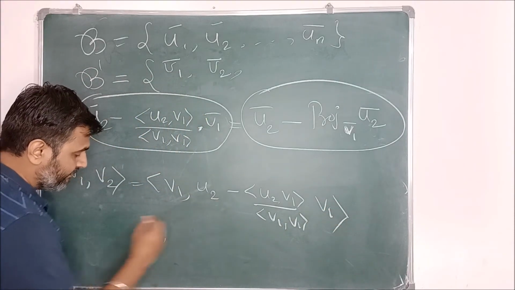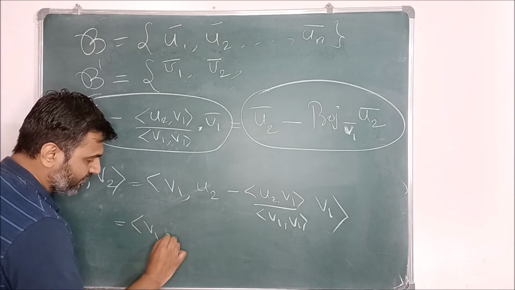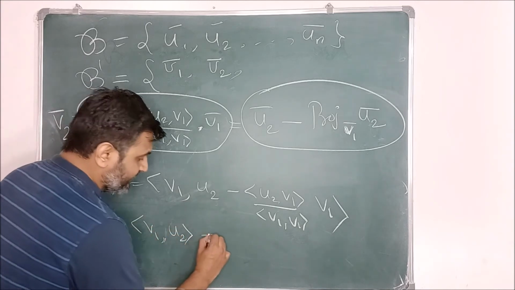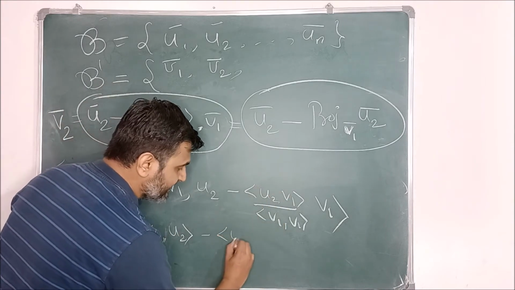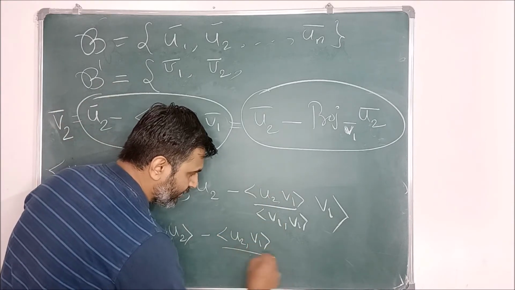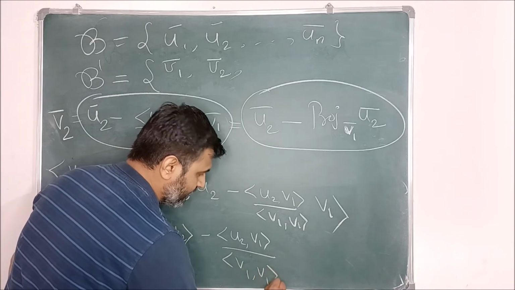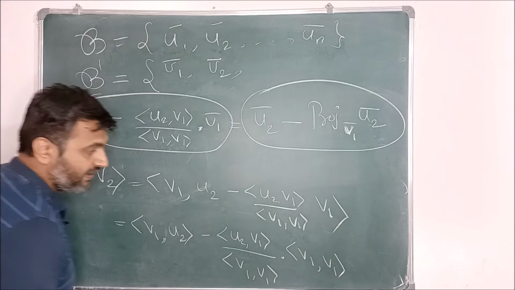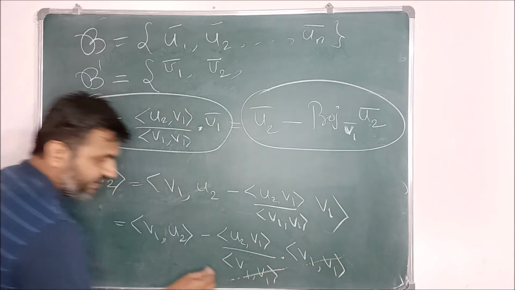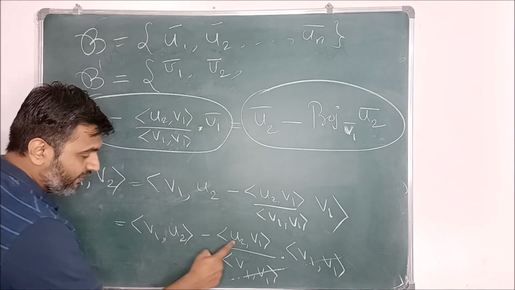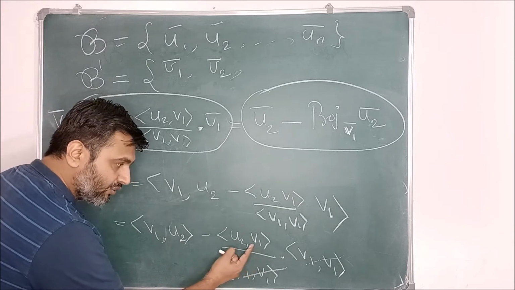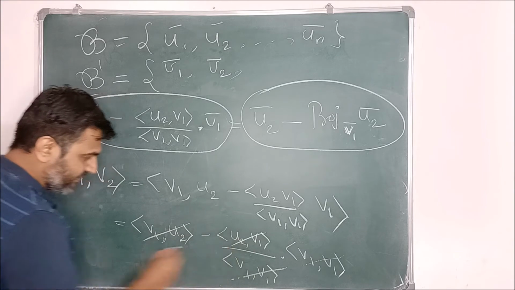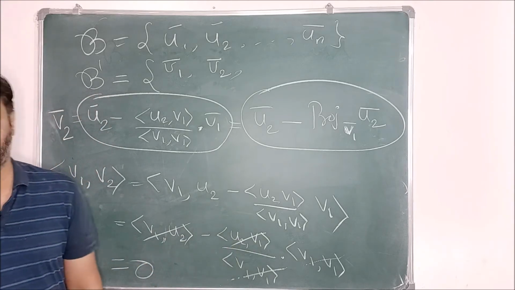By the property of inner product, this is the inner product of v1 u2 minus, this is a number, so this will come outside, u2 v1 upon v1 into the inner product of v1. This is a number, this is a number, it gets cancelled. The inner product of u2 v1 is the same as the inner product of v1 u2 by symmetry, and these two are the same, so this goes away. The answer is 0.